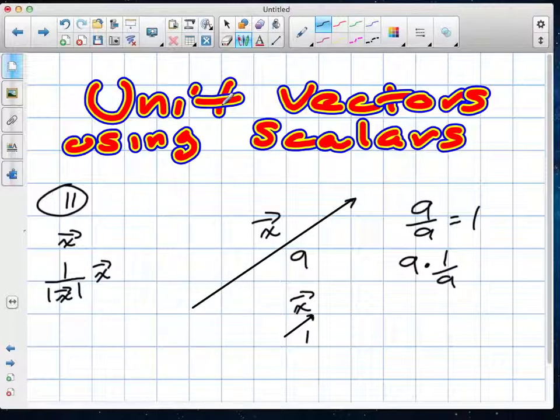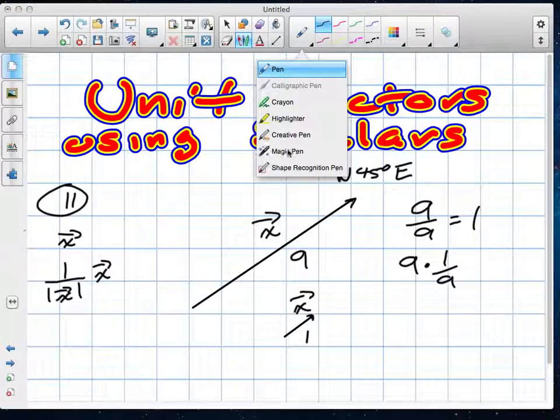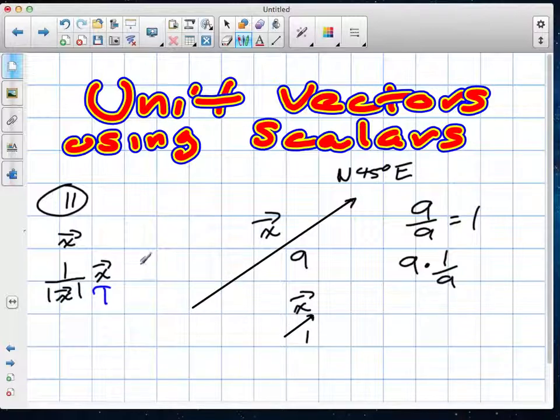But because this vector has direction, and we're even going to give its direction right now, north 45 degrees of east, we'll say, okay? So that has direction to it. So I don't get rid of this letter here, or that x vector, because it has direction. But I do know now that this, having the exact same direction, we're making it a unit vector, its absolute value, or the magnitude, is 9.